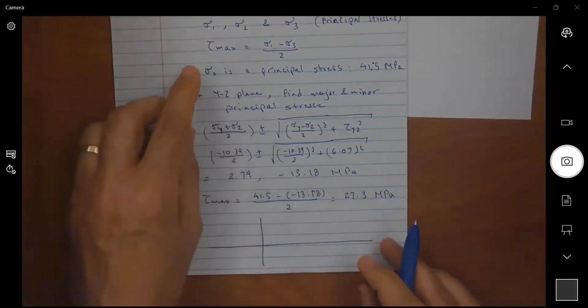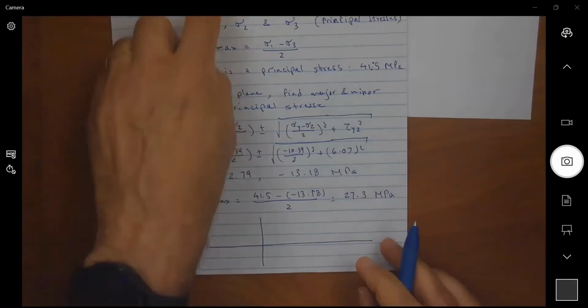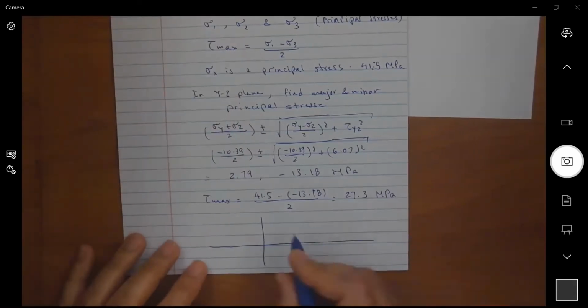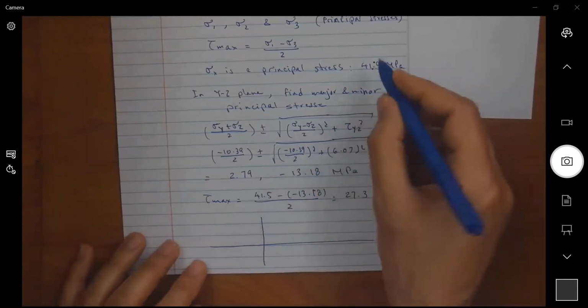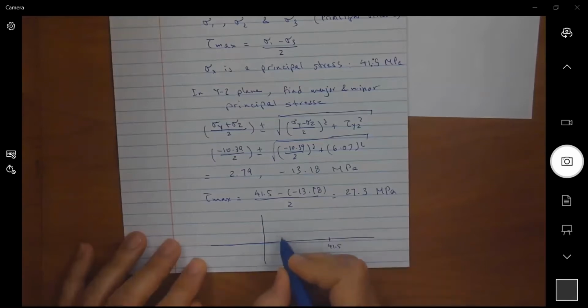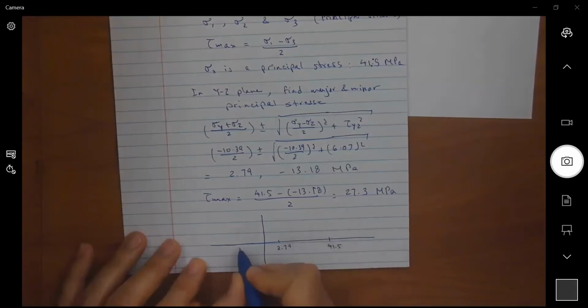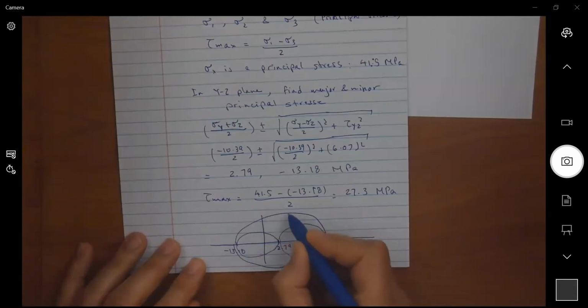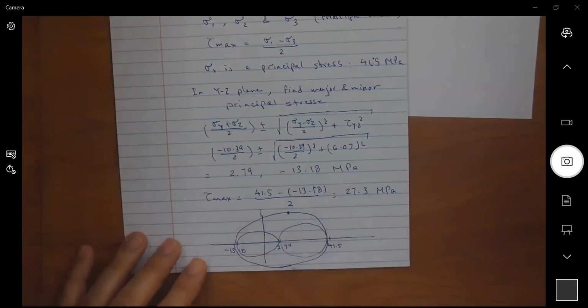If I plot it using the principal stresses, I can use the 41.5, the 2.79 and the minus 13.18 to plot 3 circles. And this would be my tau max for the largest circle.